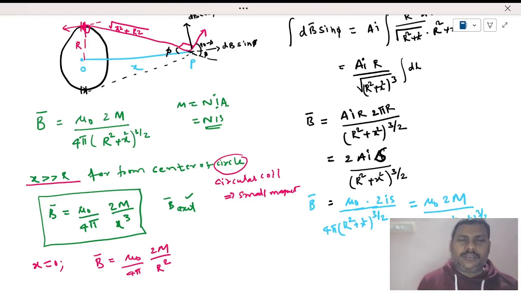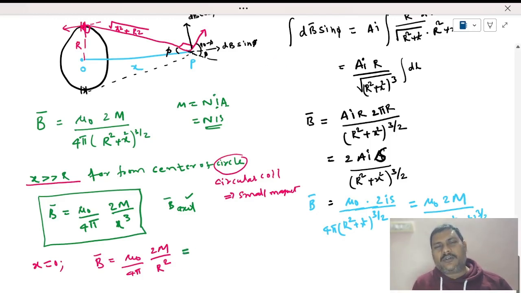Here I will change m also. In the given formulas, remember, in the magnetic moment, I'll change this formula in terms of current I. So B at the center is equal to mu naught into m, which is IS, by 2 pi r cube. The 2 pi get cancelled, this is r cube, sorry.